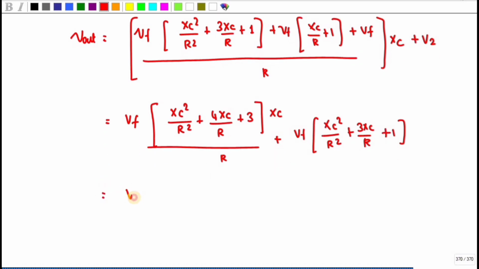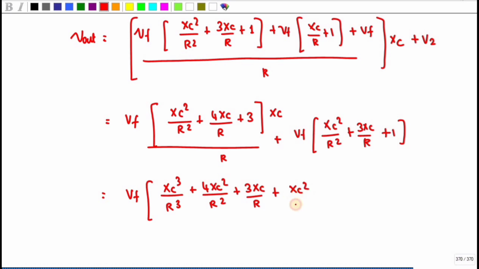So on solving, I'll get Vf divided by Xc cube divided by R cube. If I bring this Xc and R here, 4Xc square divided by R square plus 3Xc divided by R plus Xc square divided by R square plus 3Xc divided by R plus 1.